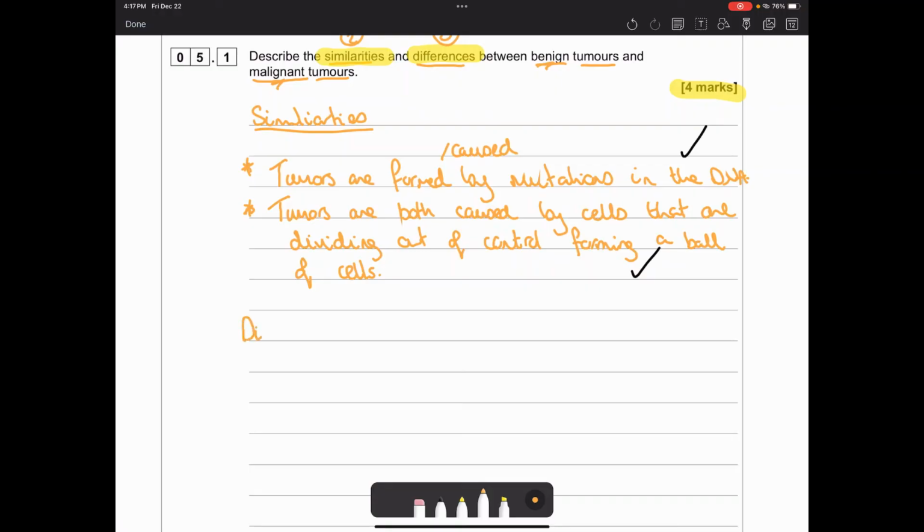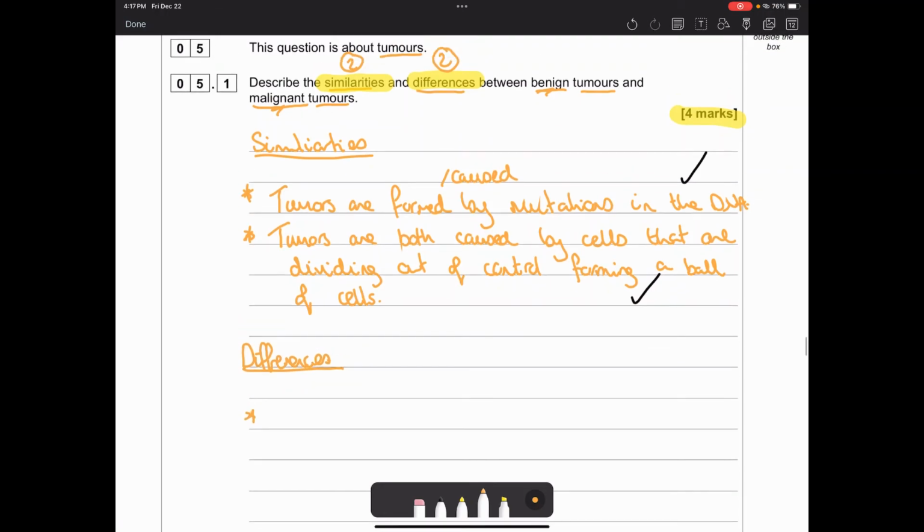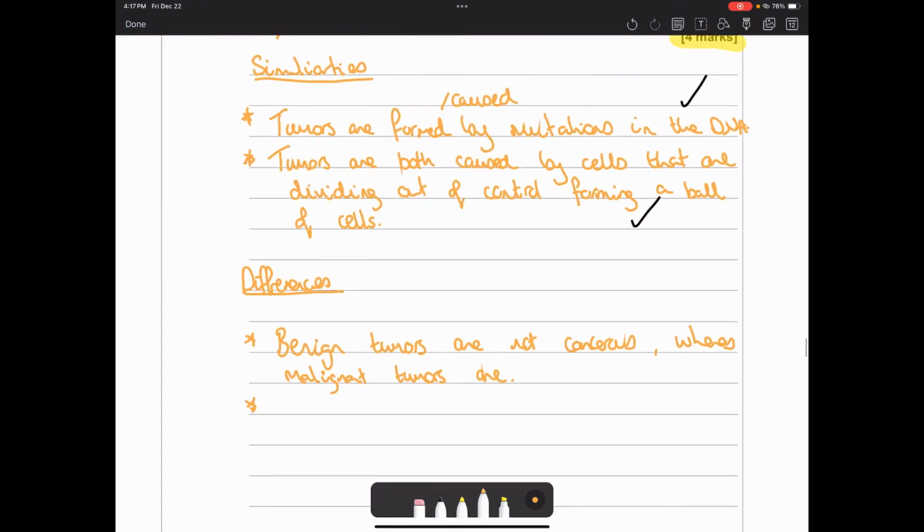So then we need the differences between benign and malignant. Now, hopefully you remember that although both are awful, if ever you were going to get a tumour, you'd want to be getting a benign tumour, because benign tumours are not cancerous. So I would say benign tumours are not cancerous whereas malignant tumours are. So that's one difference between it.